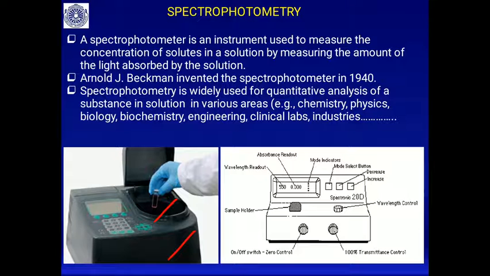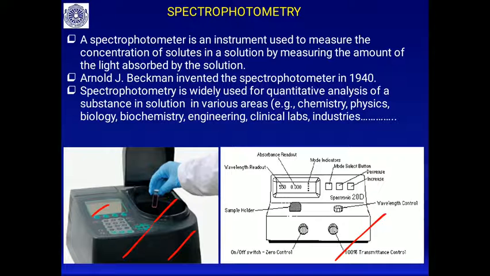The spectrophotometer is commonly used in almost all chemistry, physics, biology, biochemistry, engineering, clinical labs, and even in industry, for qualitative as well as quantitative analysis of the substance in a solution that we want to test.